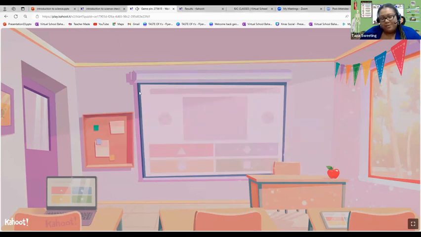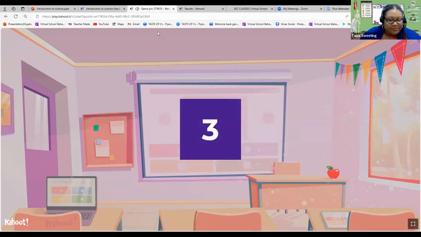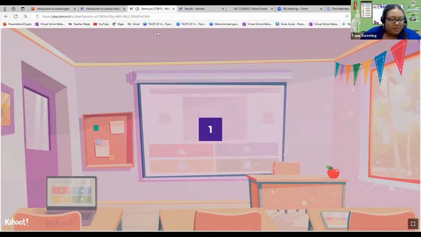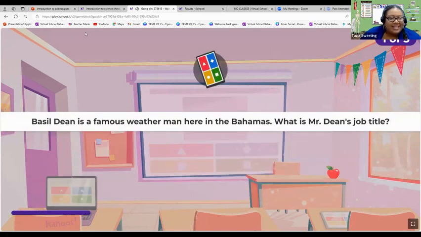Checkpoint number 3 on Introduction to Science. All right, Basil Dean is a famous weatherman here in the Bahamas. What is Mr. Dean's job title? So he's a famous weatherman, so what would be his job title?